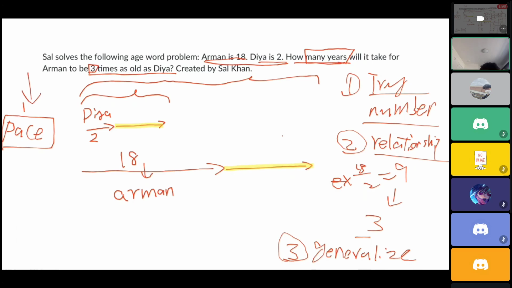Is everyone able to follow what I'm saying? By the way, does anyone understand what generalize means?